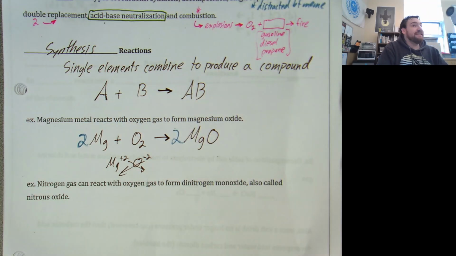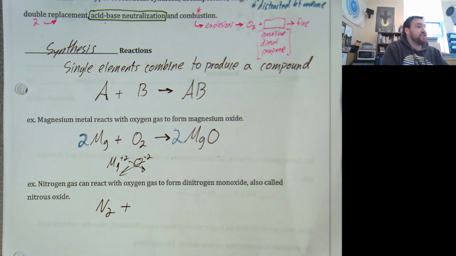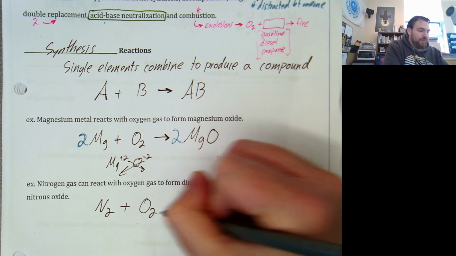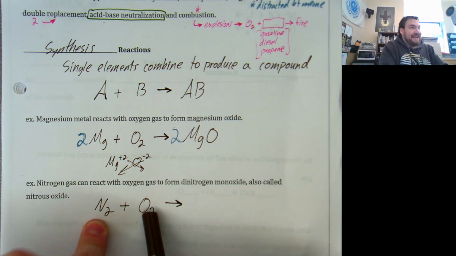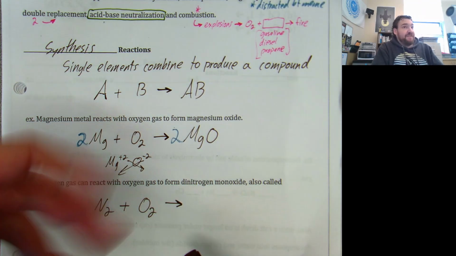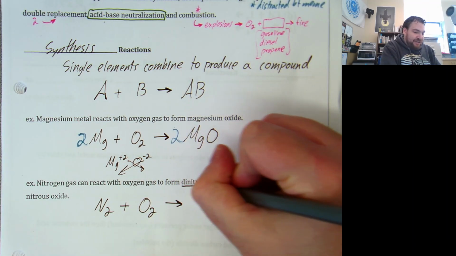Nitrogen gas, the formula is N2. We're going to react it with oxygen gas, which you've already seen is O2. This one I have to give you the name for. These are both nonmetals. They are both negatively charged. We need to be specific in how these things do combine. We're going to look at dinitrogen monoxide.